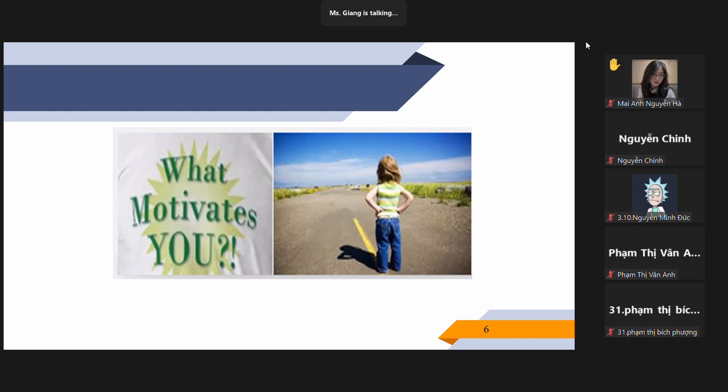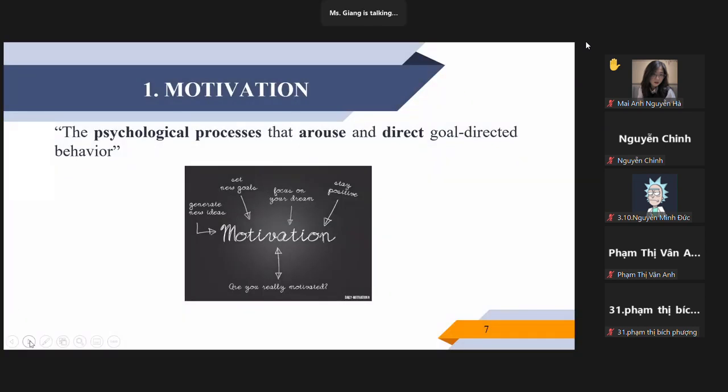In the formal definition, we say that motivation is the psychological processes that arouse and direct goal-directed behavior. Pay attention to the keywords, the psychological processes. Why do we mention motivation as the psychological processes?